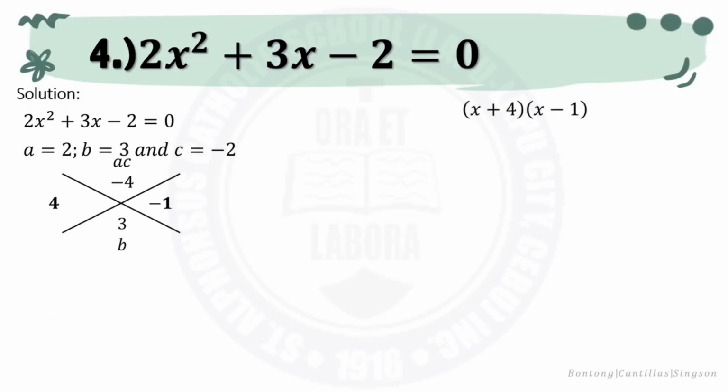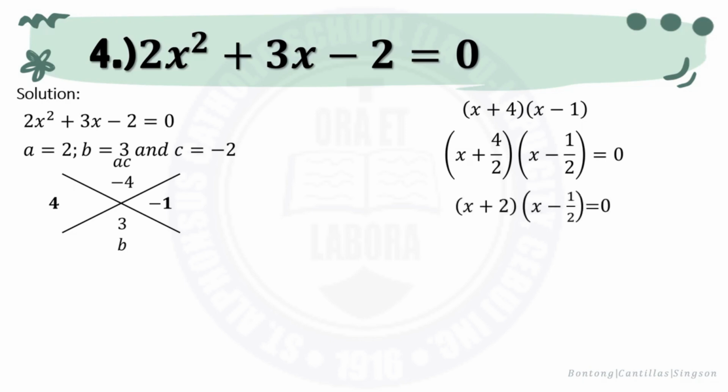Next, enclose in parentheses, (x + 4)(x - 1). Divide the values of 4 and negative 1 by the value of your A. So you will have quantity (x + 4) over 2 times quantity (x - 1) over 2. Simplify this, you arrive with (x + 2)(x - 1/2) = 0.